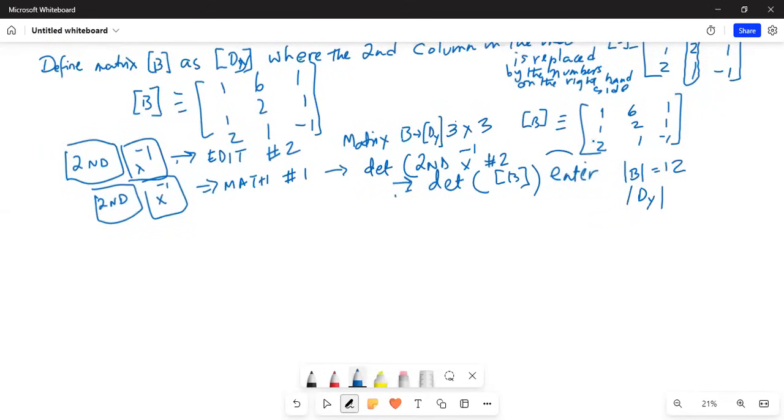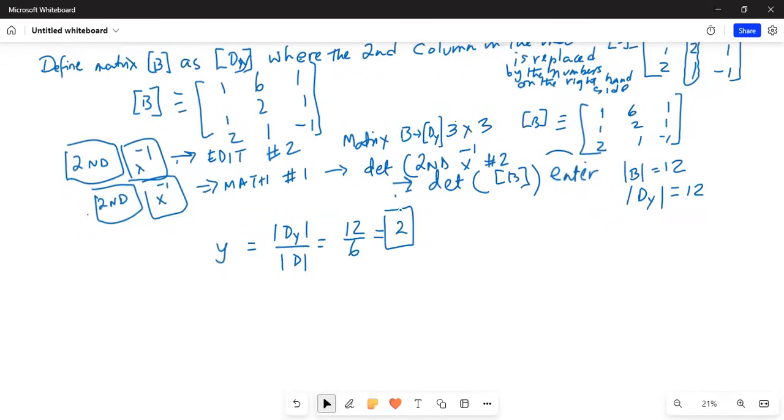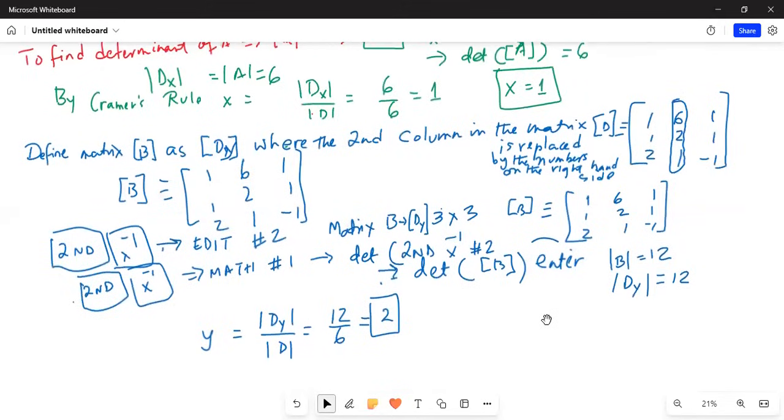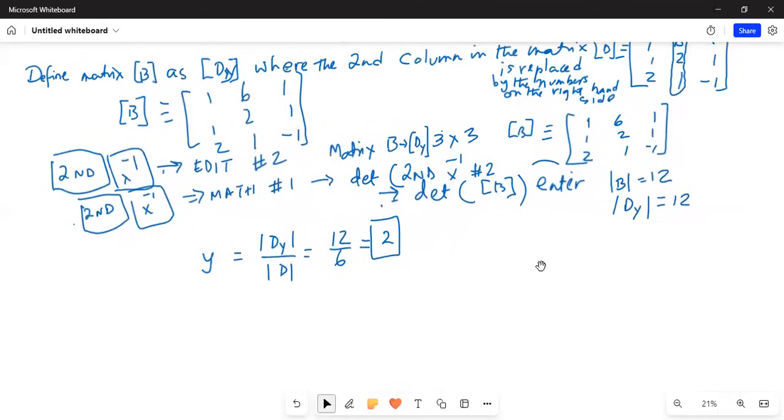So dy is equal to 12. And the solution for y is determinant dy divided by determinant d, which is 12 over 6, equal to 2. So that is y equal to 2. Previously, we have solved for x, and if you look at it, x is 1, y is 2.